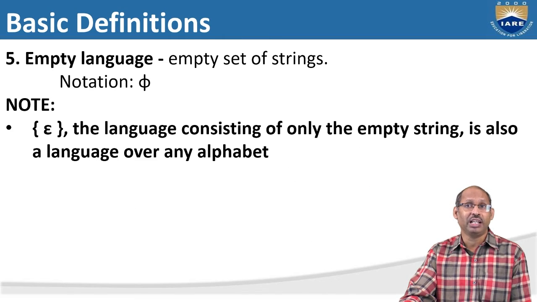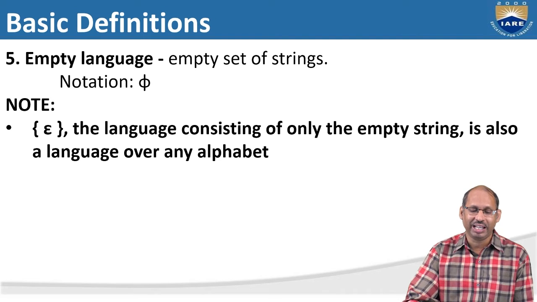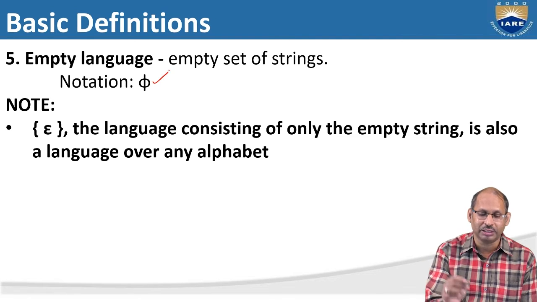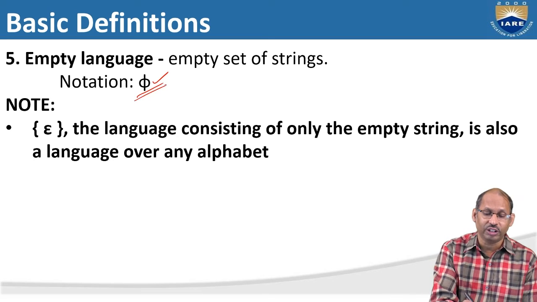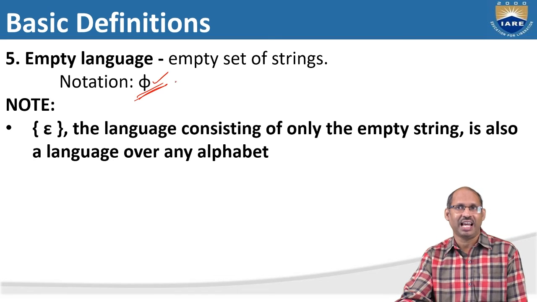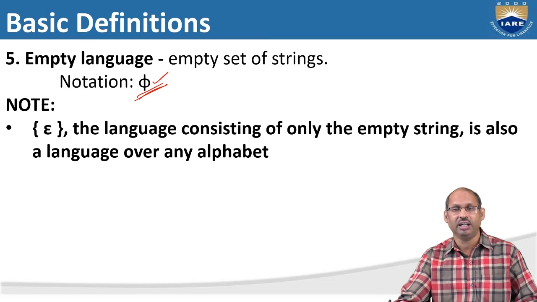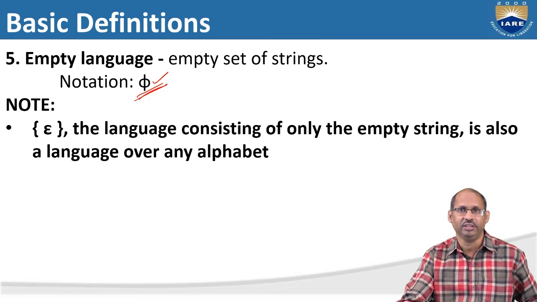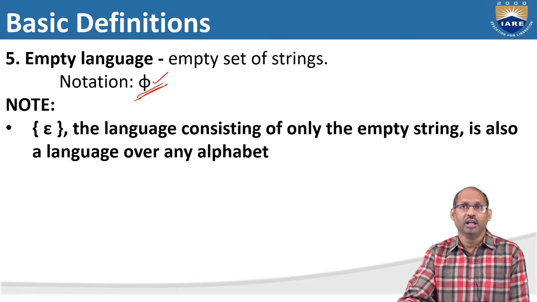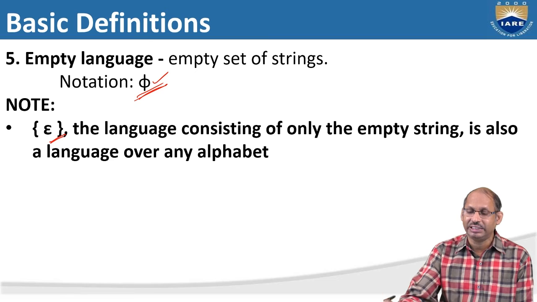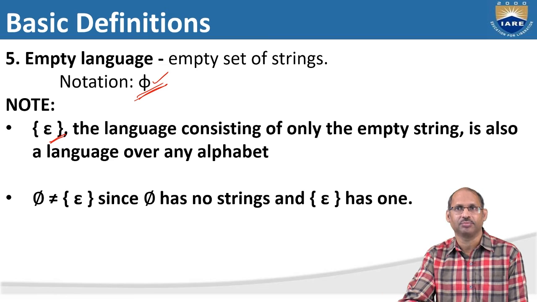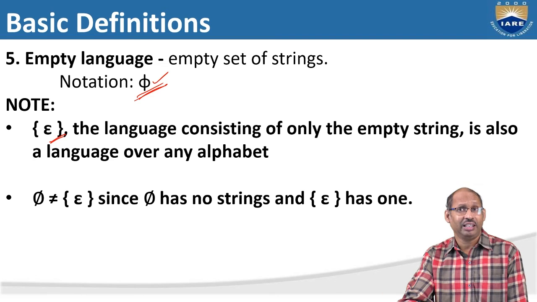So what is the empty language? The empty language is represented by phi. So this is the notation for the empty language. Right? Here it is a language which consists of the empty string. Right?